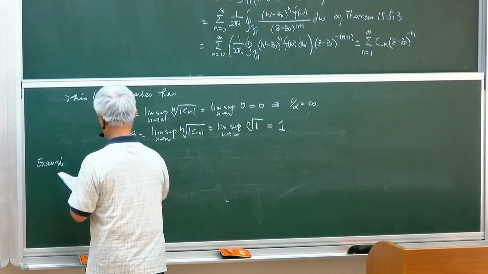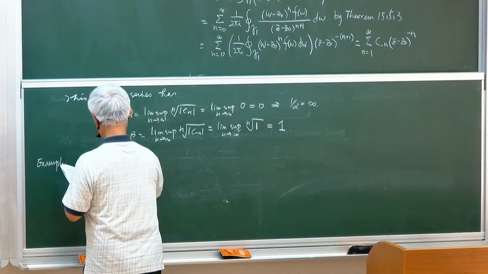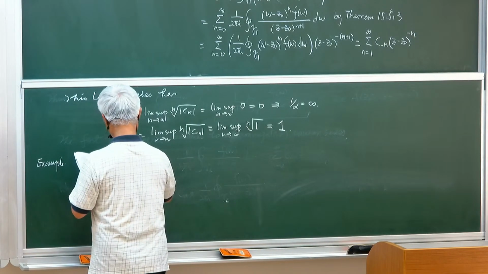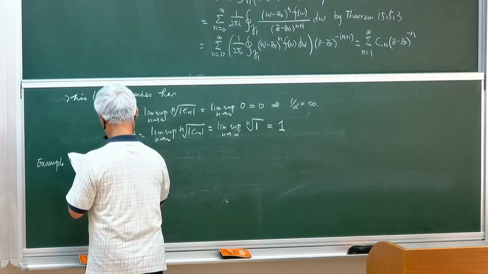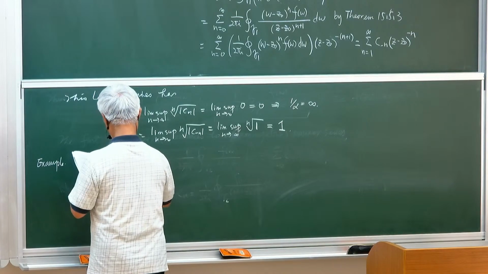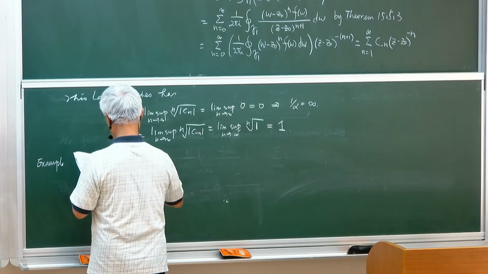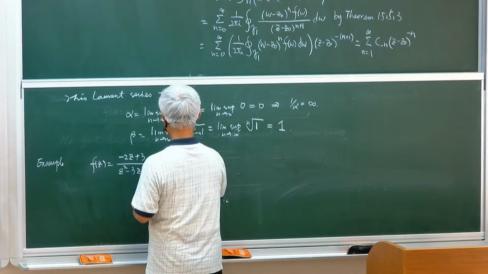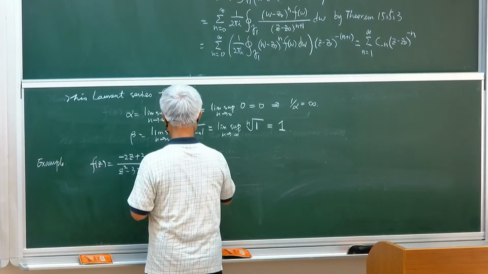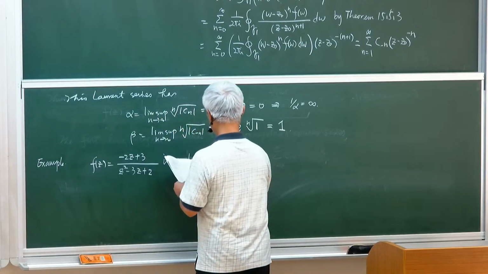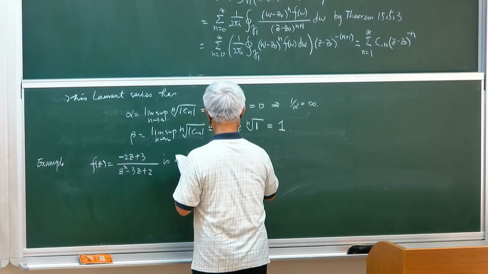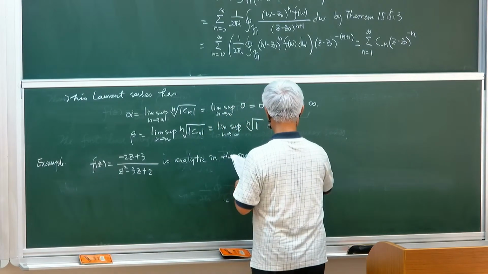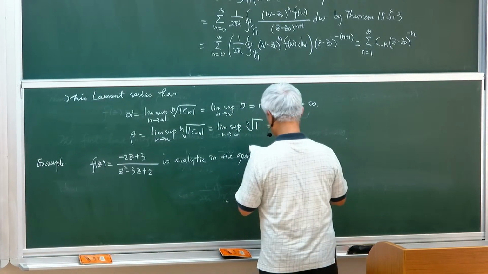If we consider a rational function, this rational function is analytic in the open set omega, which is the complex plane minus 1 and 2.